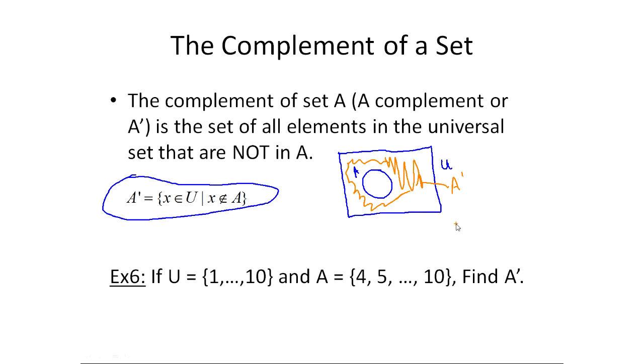And I think this example down here will help out. So U is 1 through 10 whole numbers. And A is 4, 5, 6, 7, 8, 9, 10. So 4 through 10 whole numbers. A complement is whatever's left over. So if you look here, the difference between these two sets, what's left in one and not the other, would be 1, 2, 3, right? 1, 2, 3 is in the universal set, but it's not in A. So that means it must be in A complement.